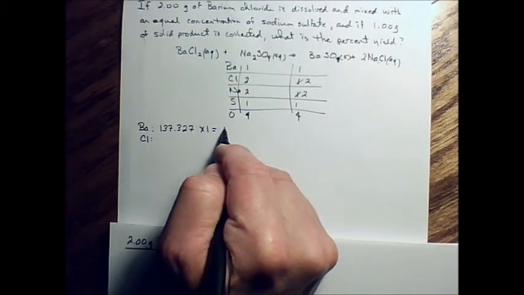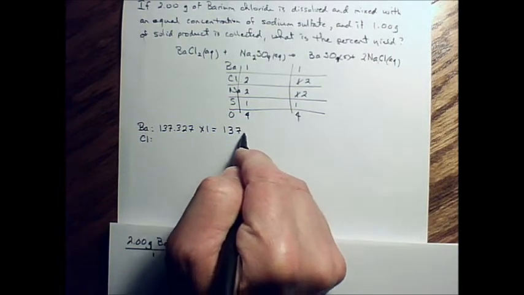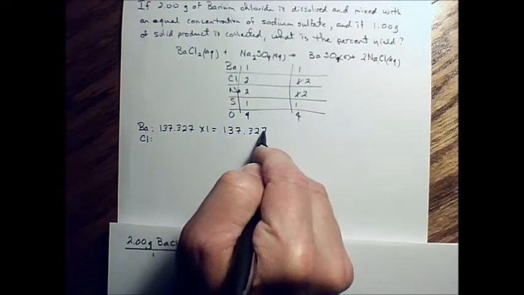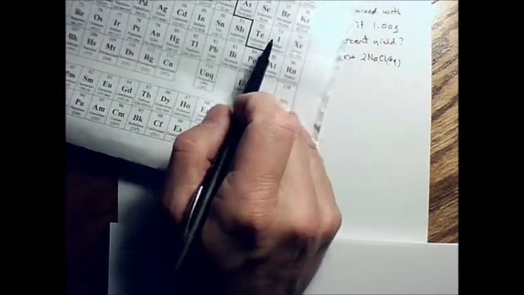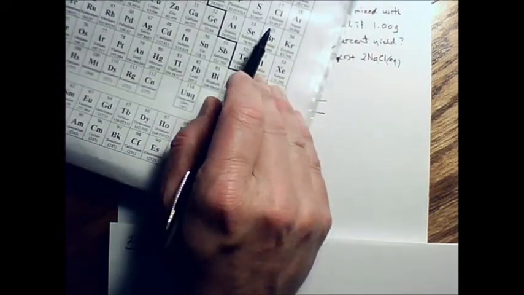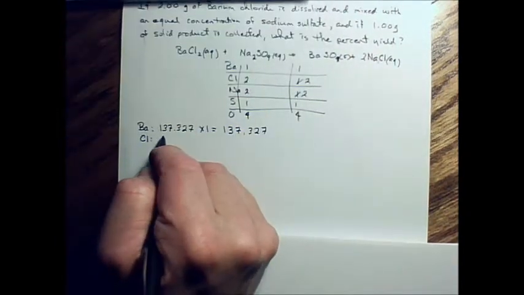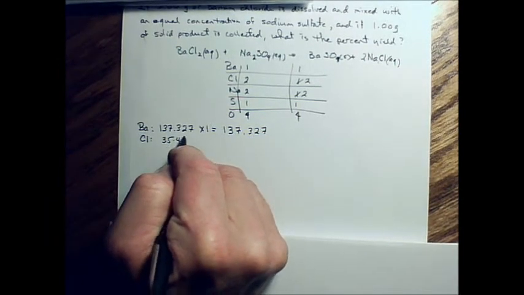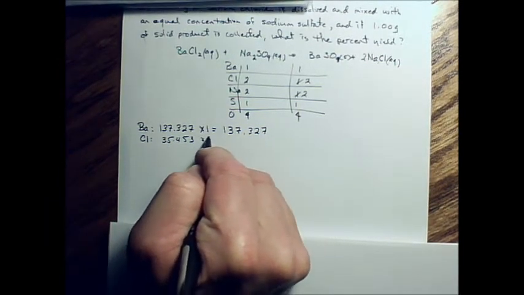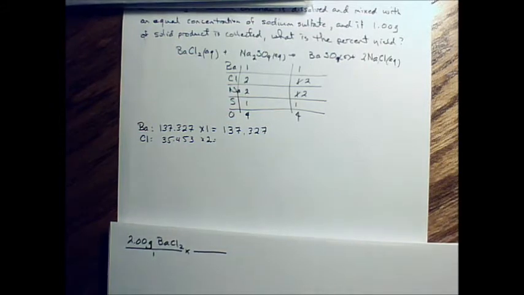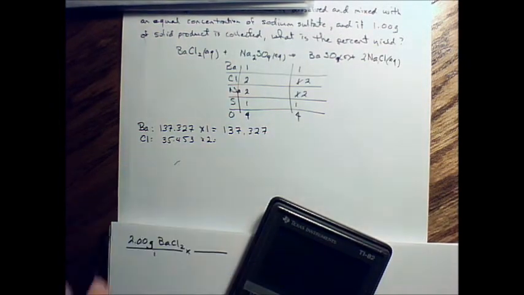That equals the same thing. And then chlorine, we have an atomic mass of 35.453. Multiply that by 2.